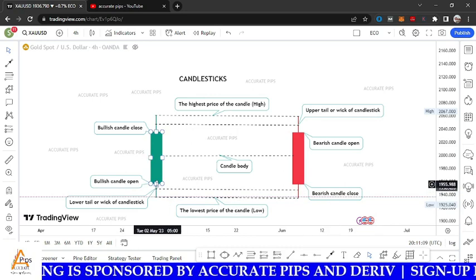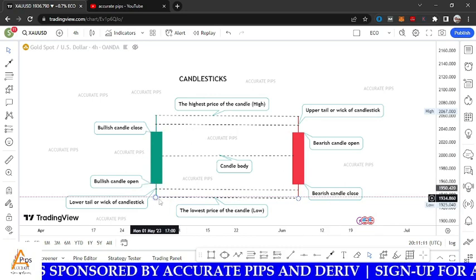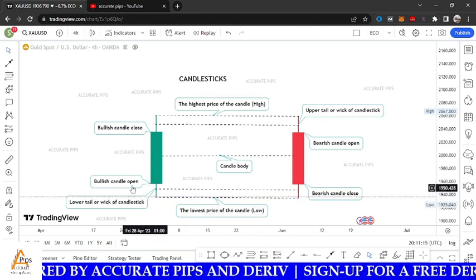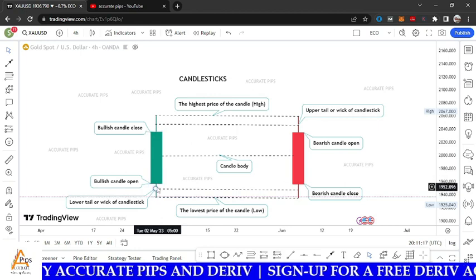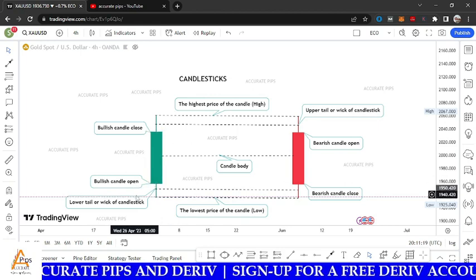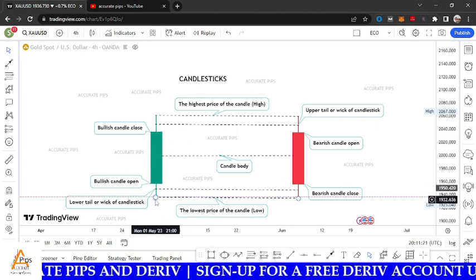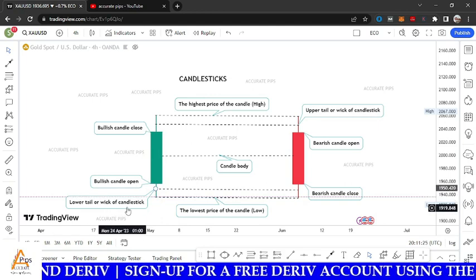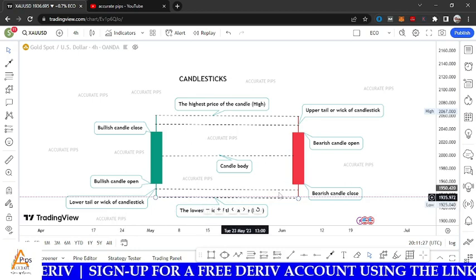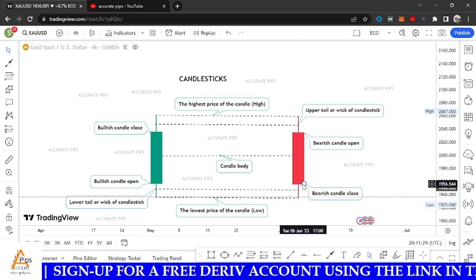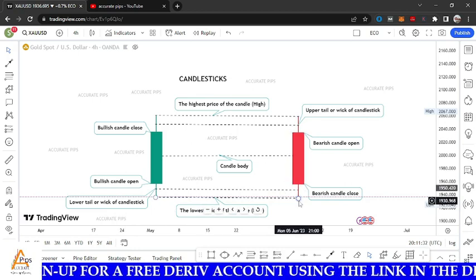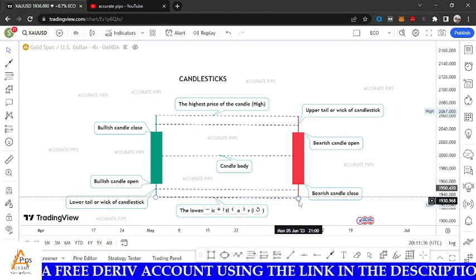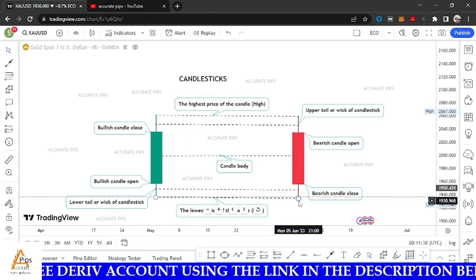Between the open of the bullish candle to the lowest point, which is here for both, the lowest point for both, is the lower tail or the lower wick of the candlestick. When you come to the bearish, it is from the close to the lowest price. That is the lower wick of that bearish candle.